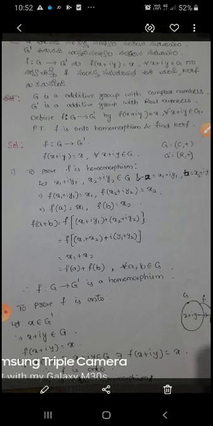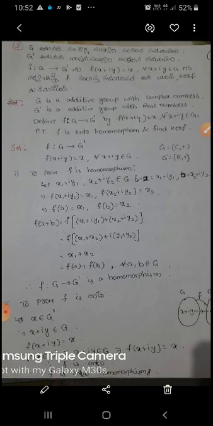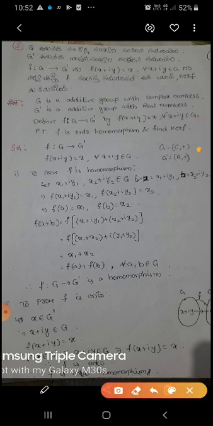So proof. f maps G to G', given, defined by f(x + iy) = x for all x + iy belongs to G. Here G is the additive group of complex numbers, means G = (C, +). G' is the additive group of real numbers, means G' = (R, +). Now to prove f is a homomorphism, here also we will prove three conditions: one is homomorphism, one-one and onto.